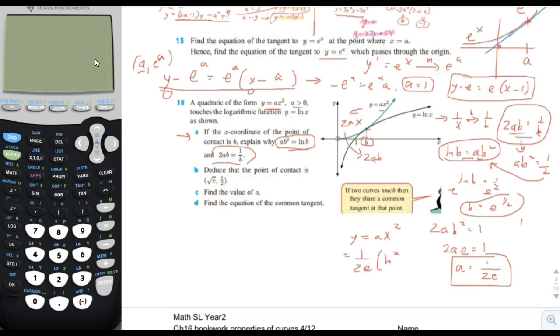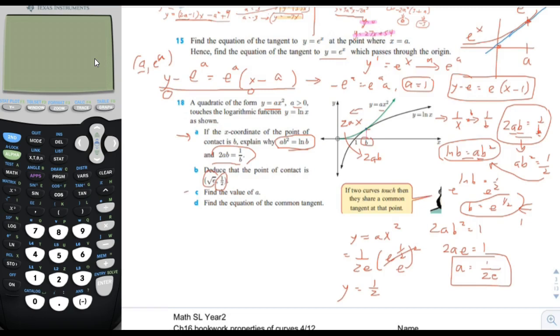We already know b is e to the 1/2, so it's e to the 1/2 squared. So that's equal to e, and that's e divided by e, so the y value is 1/2. So there we go. That's where the 1/2 came from. And the b is e to the 1/2, so the point is b and then 1/2.